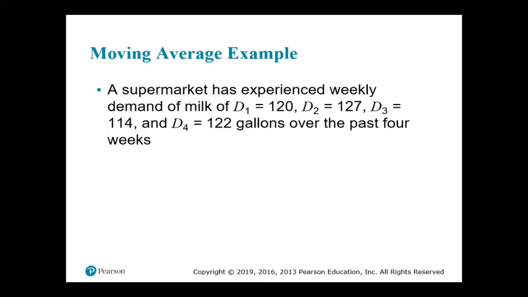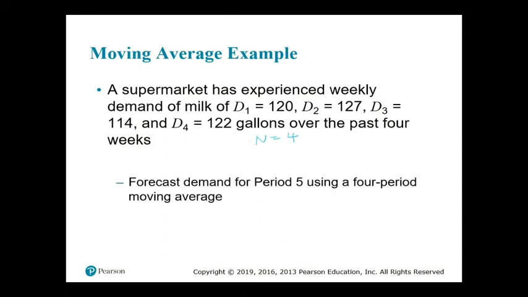So as a very simple example, suppose we have a supermarket with a weekly demand of milk, and we have a history of past 4 weeks, and we're using moving average with n equal to 4. So the forecast for demand of period 5 is the 4-period moving average.